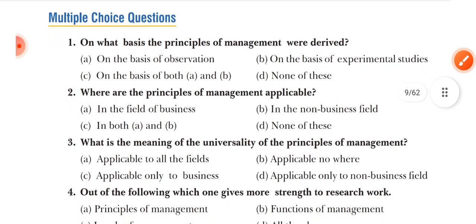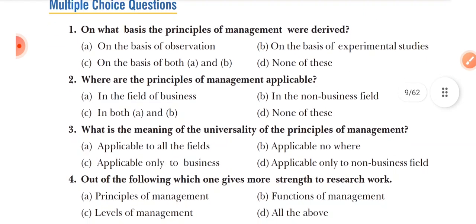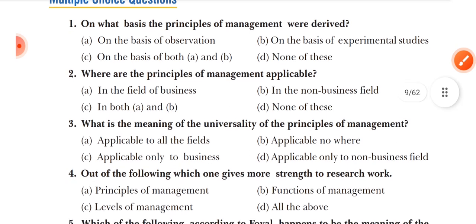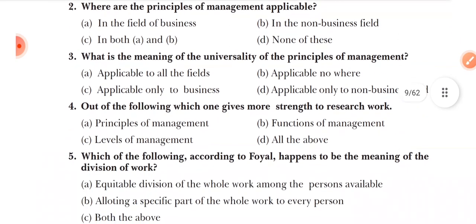Now question number 4. Out of the following, which one gives more strength to research work? And the answer of this question is option number 4, all of the above. Now question number 5.